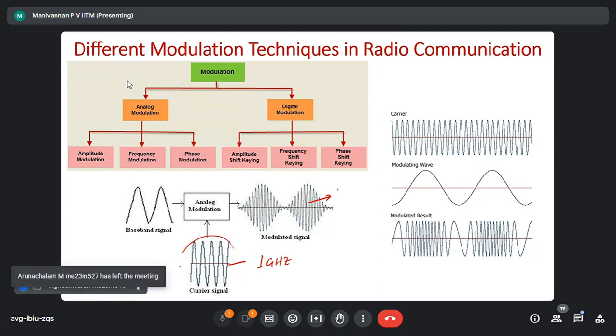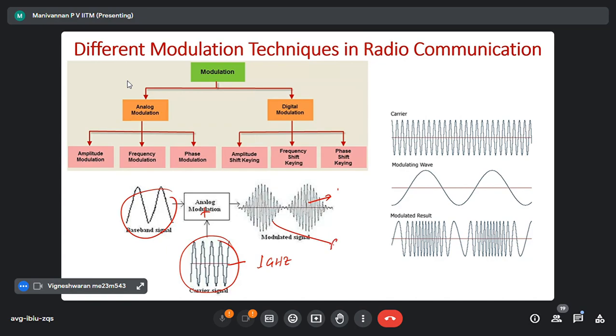This is the carrier signal frequency. Now please see that this and this are combined. When I combine, I get this. This frequency also is the same. This is called modulated carrier.